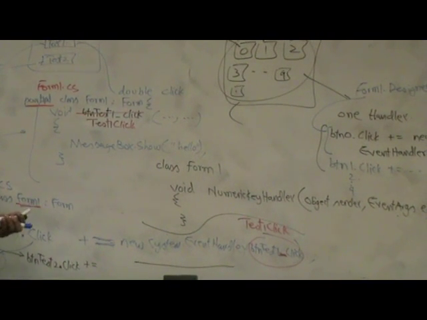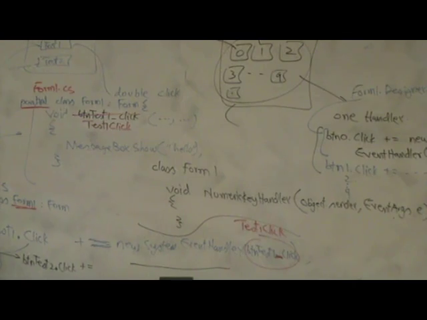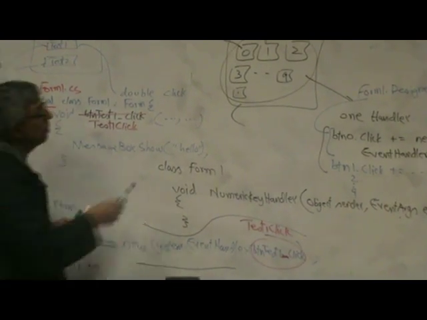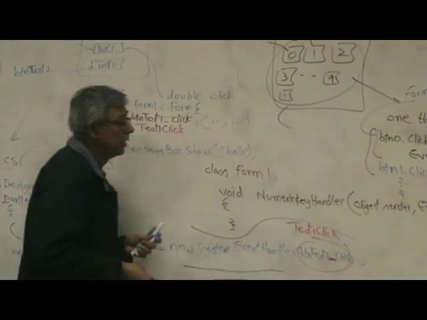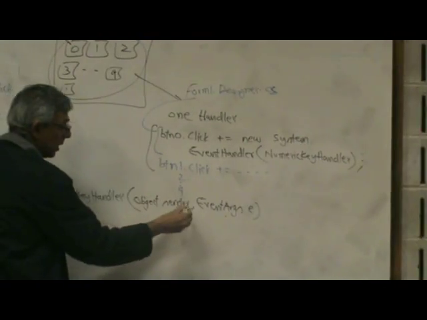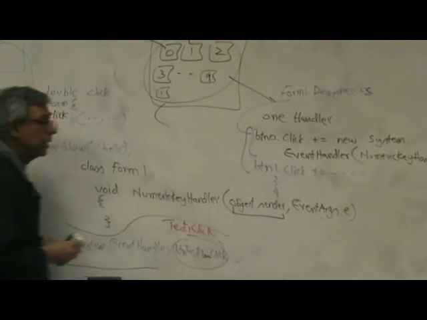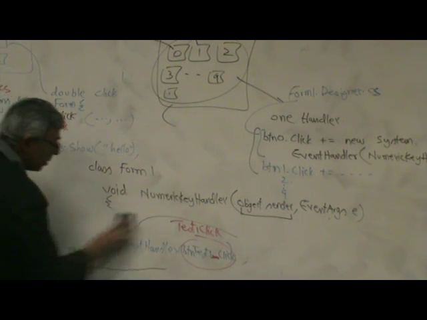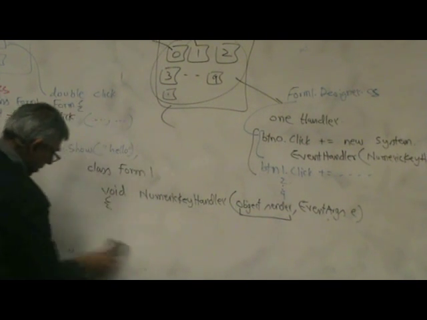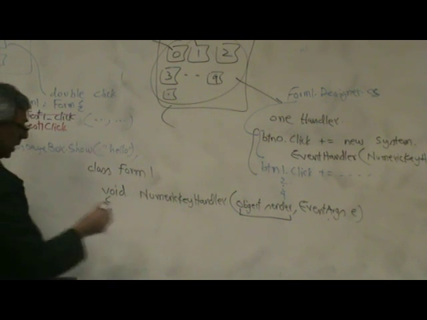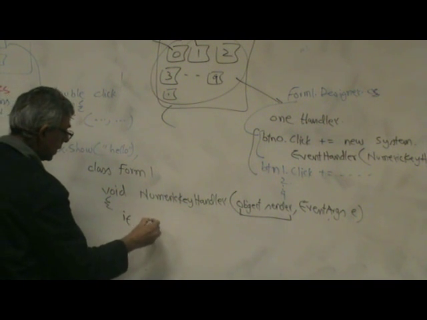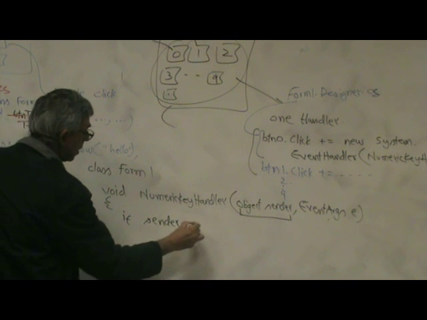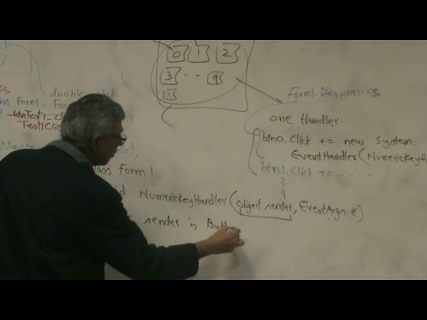Now we want to, of course, know whether somebody clicked on button 0 or button 1 or button 2. This is where the first parameter comes into play. This will tell us who generated the event. So our code over here will look something like this: if sender is Button.